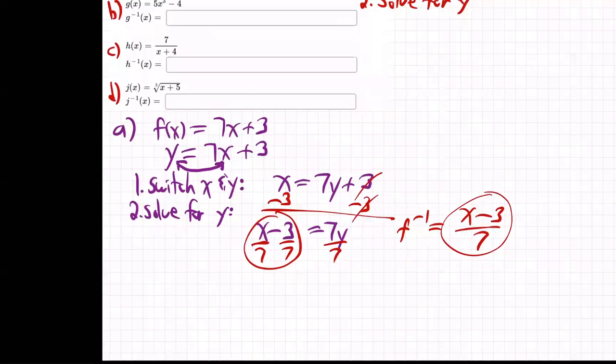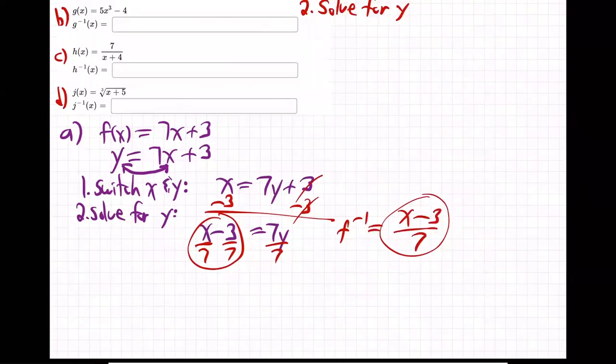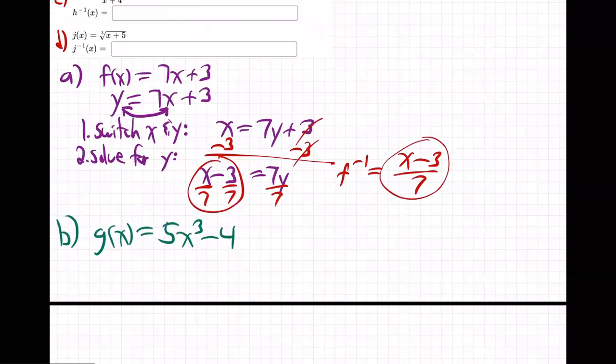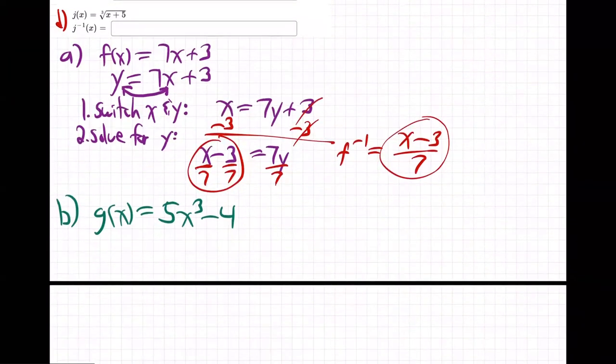All right, let's do part B. So part B, same kind of thing. G of x equals 5x to the third minus 4. All right, now that's y.